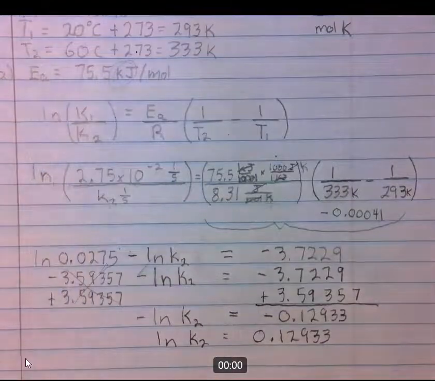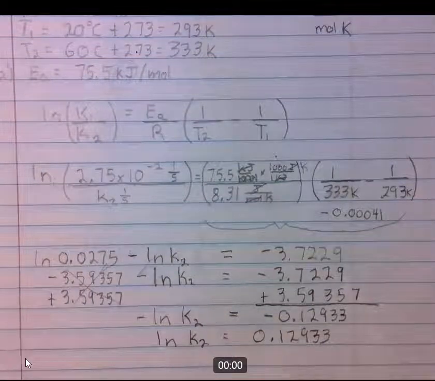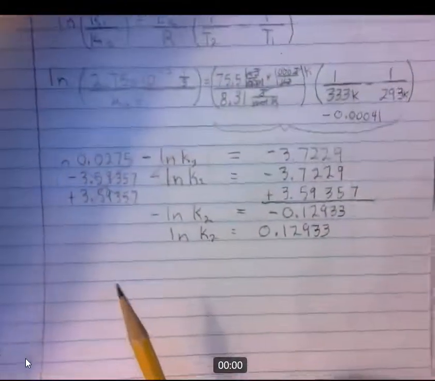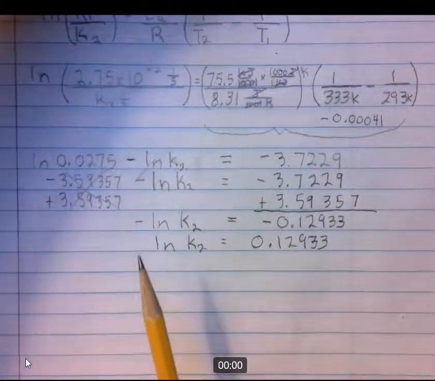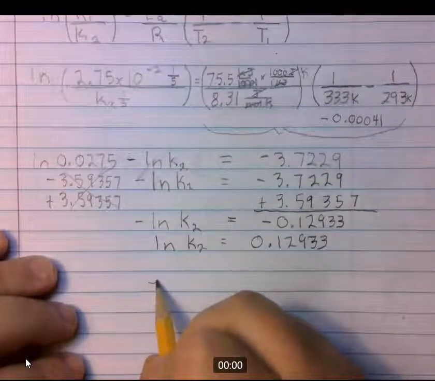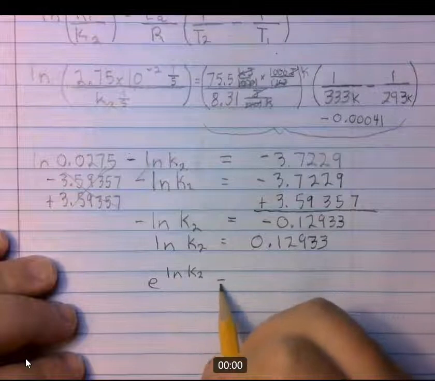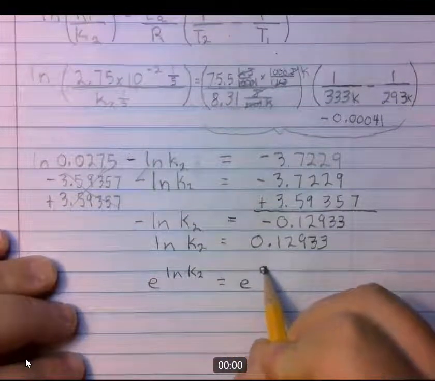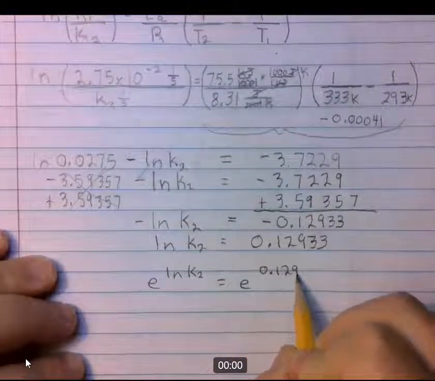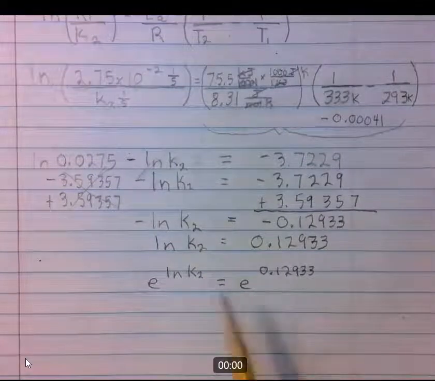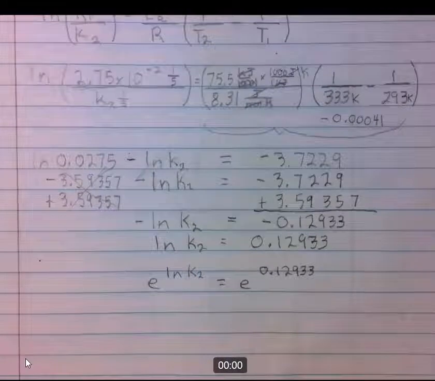So now, how do we get rid of the natural log? We raise both sides to the e power. Okay, so remember that principle. That's how you get yourself out of a natural log, by raising both sides to the e power.